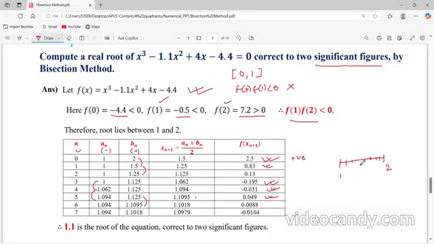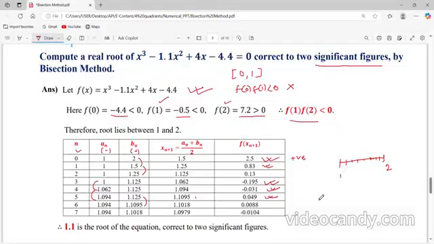So in this way you will reach the smallest interval where the root lies. Okay, that is our aim. Actually we are going to find the root, but basically we will not reach the root directly. We will find the smallest interval where the root lies. So in this way we will find out the root.